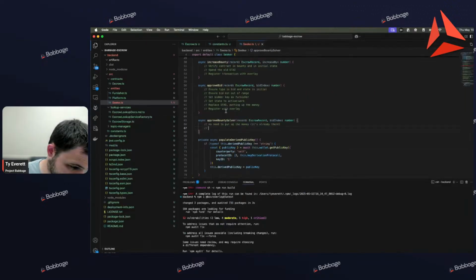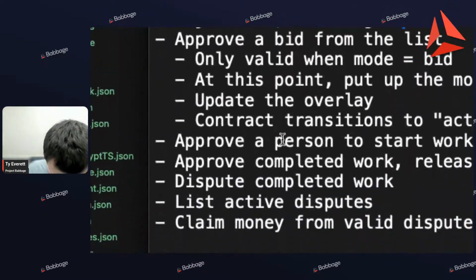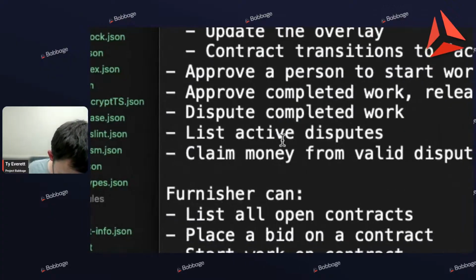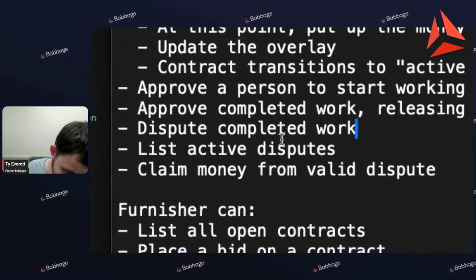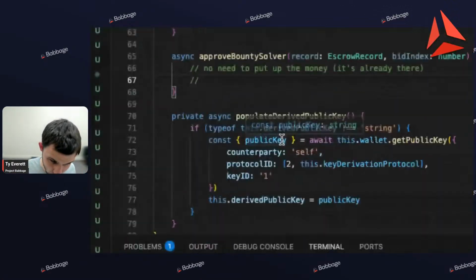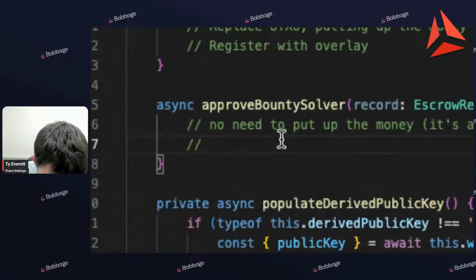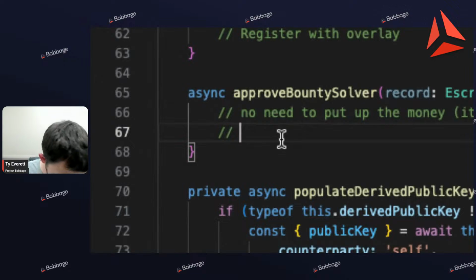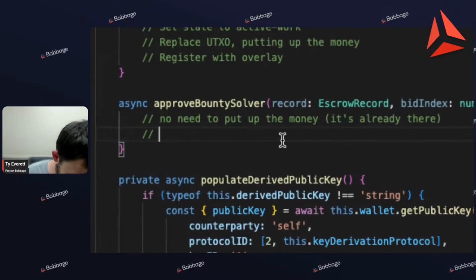Seekers can approve bounty solvers. So we got bounty solver.